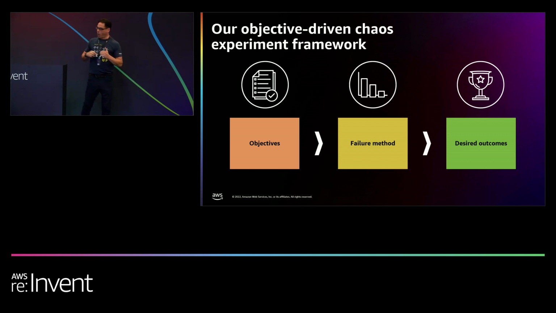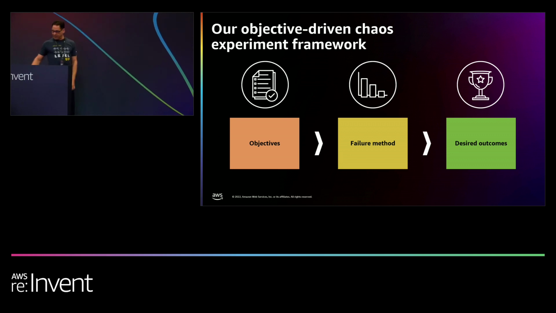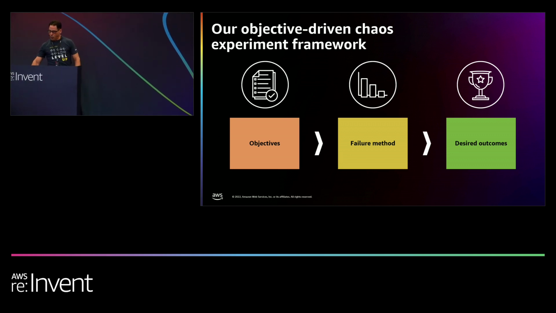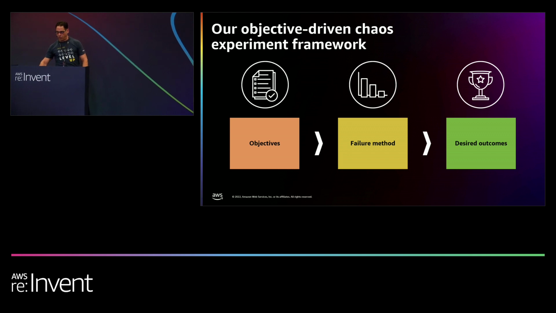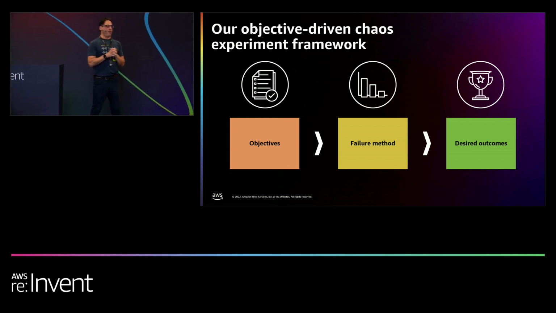When you take an objective-driven approach, you start to look at objectives like, how long would it take me to fail over or to promote a read replica when I have a regional failure with RDS?